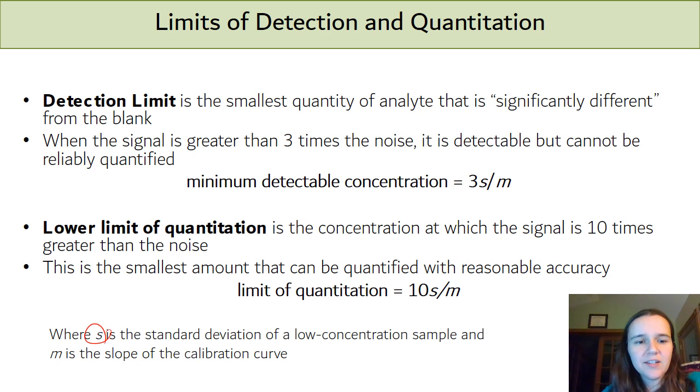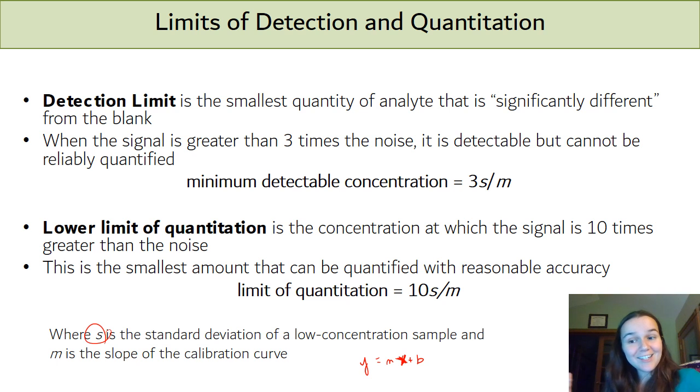So notice down here, S is the standard deviation of a low concentration sample, and M is the slope of your calibration curve. So remember, y equals mx plus b. So you've got M being the slope of your calibration curve. Lower limit of quantitation.